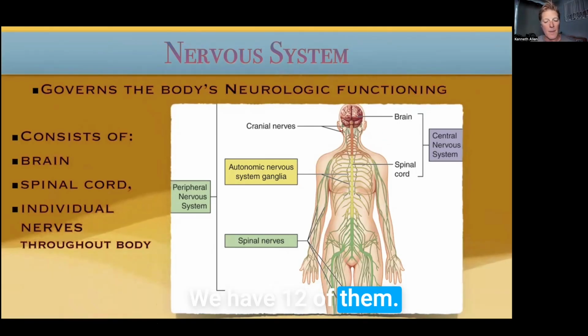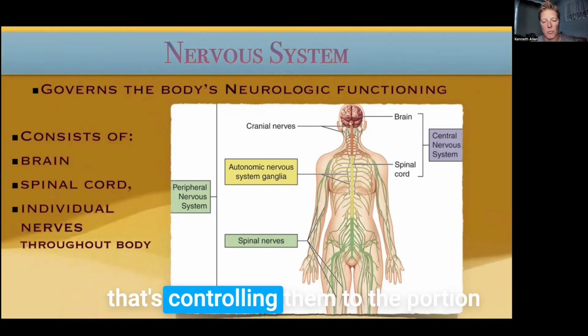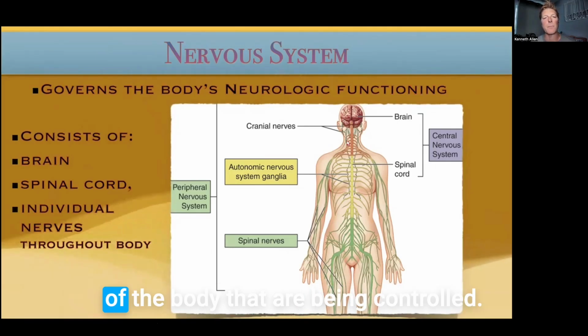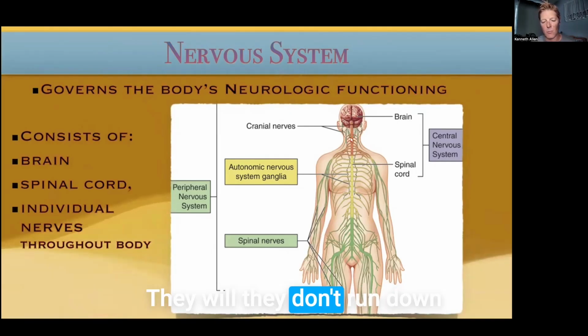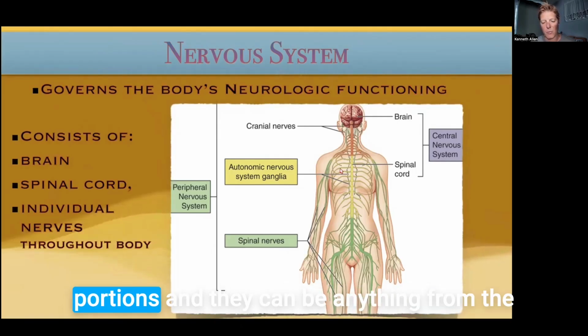We have 12 of them. They run directly from the brain, that portion that's controlling them, to the portion of the body that are being controlled. They don't run down the spinal cord like other nerves. They run directly out and around to different portions.